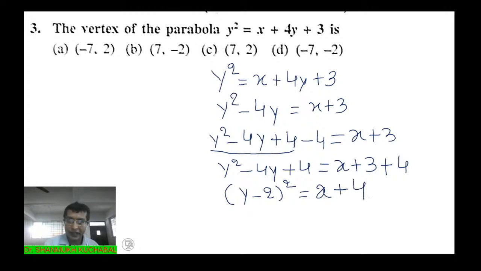So we observe the vertex: the x coordinate is associated with 7, change the sign, minus 7. The y coordinate is minus 2, change the sign, plus 2. So minus 7 and 2 is the vertex. Therefore the right option is option A, minus 7 comma 2.